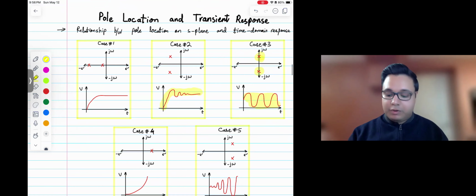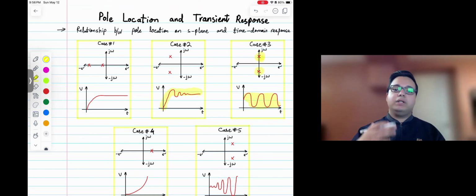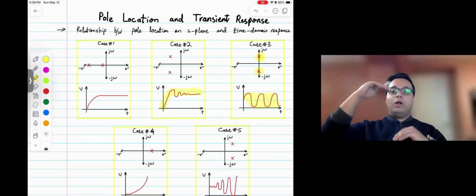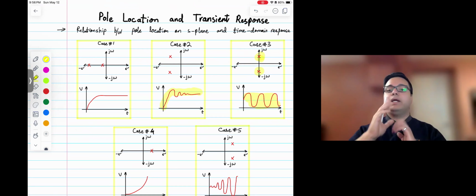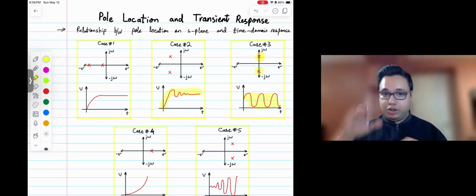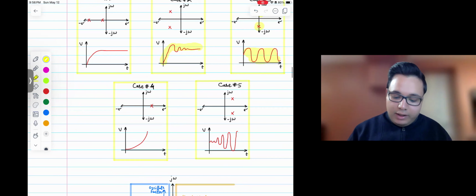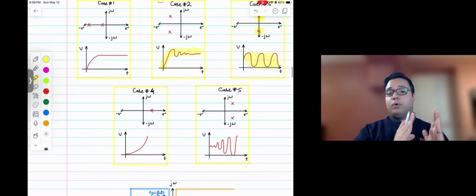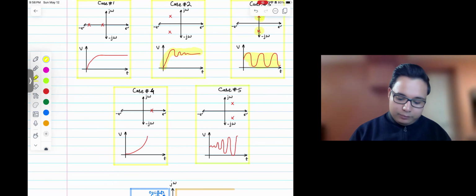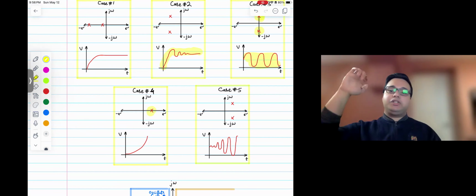And in case number 3, you don't have any real component in the poles. All of the component of the poles is just imaginary, which is why the poles are just on the j omega axis. Okay, case number 4. Now the poles are in the right-hand plane. So here you would have an exponential kind of response.